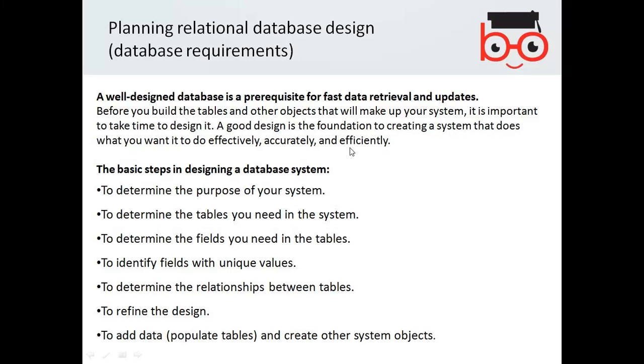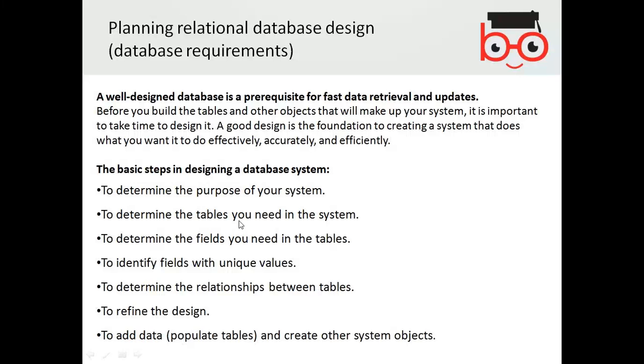If you do not manage to design well, then obviously you will have flaws in your database, like problems related to normalization, and there could be many more problems. So some key concepts to keep in mind. Number one, determine the purpose of your system. You should be very clear about what the purpose is.